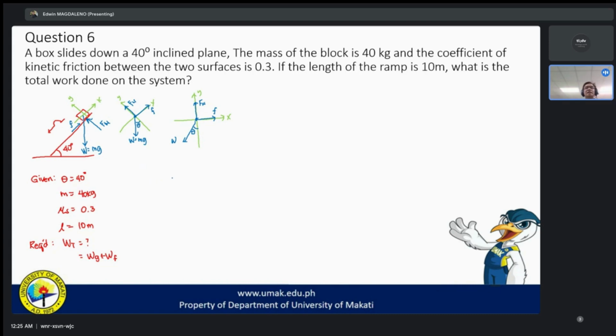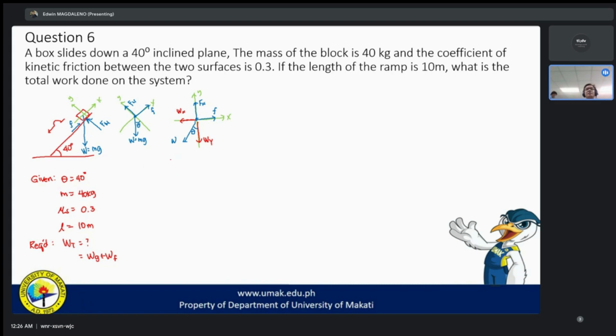So ang kulang natin is the components of weight. Kasi hindi natin siya basta-basta maia-add or subtract sa F sub n, yung ating normal force, saka sa frictional force. So let's try to redraw. We have here the x component of weight, and we have here the y component of the weight.